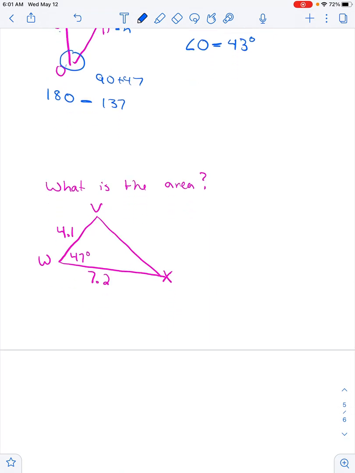Last problem is how do you find the area? So if I'm given two sides and the included angle, I just go 1/2 of the side 4.1 times the side of 7.2 times the sine of 47. Okay, and we'll always use sine on that. We always multiply those two sides, so I could have said 7.2 times 4.1 as well.